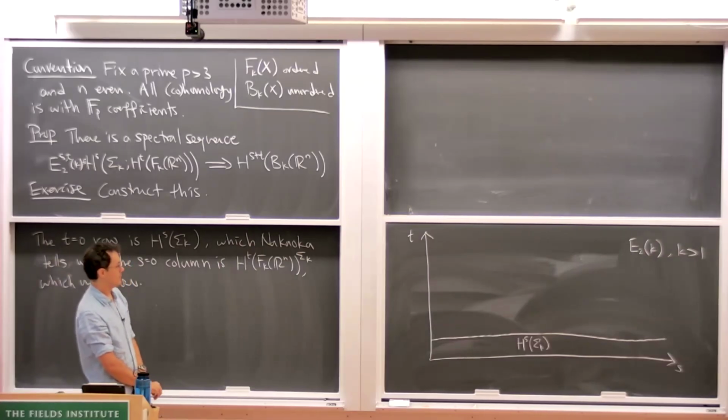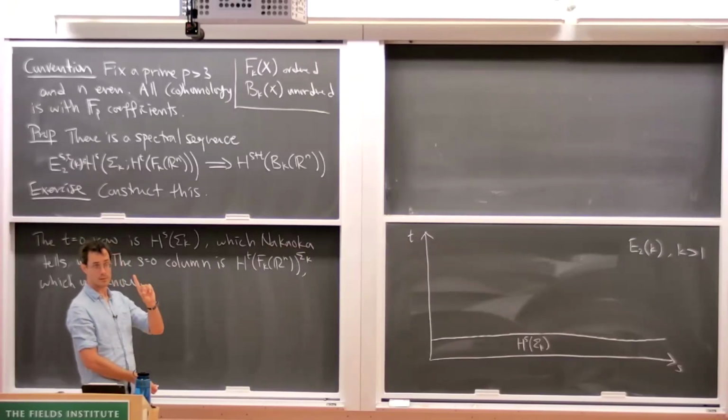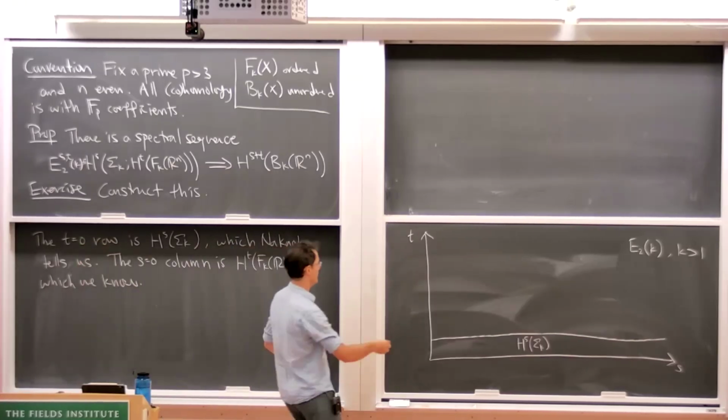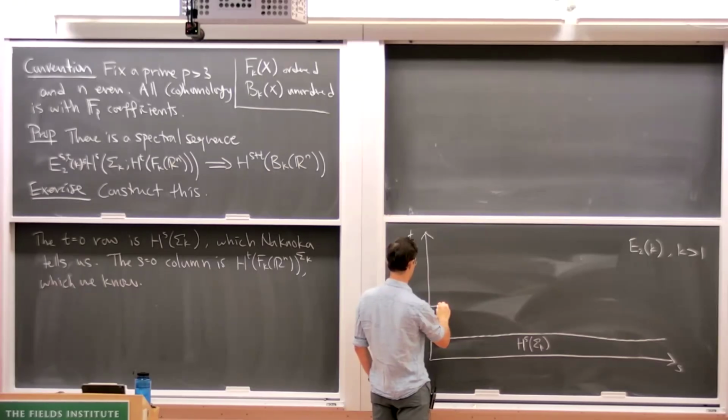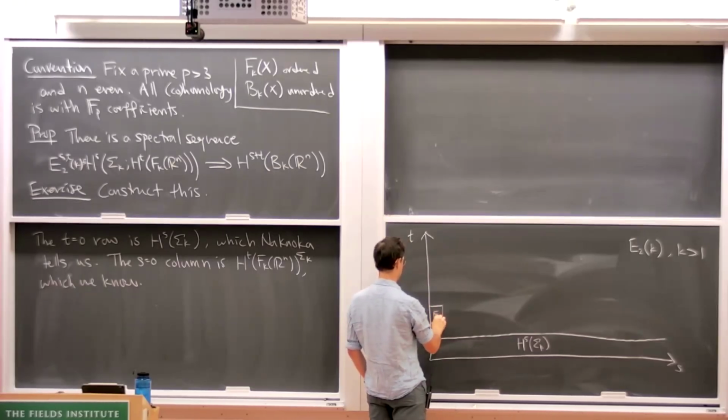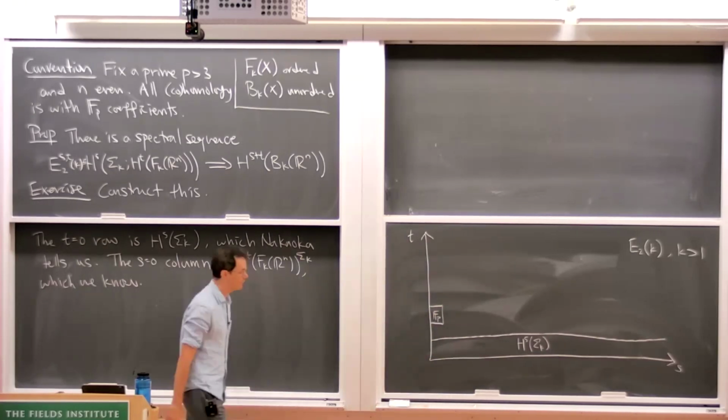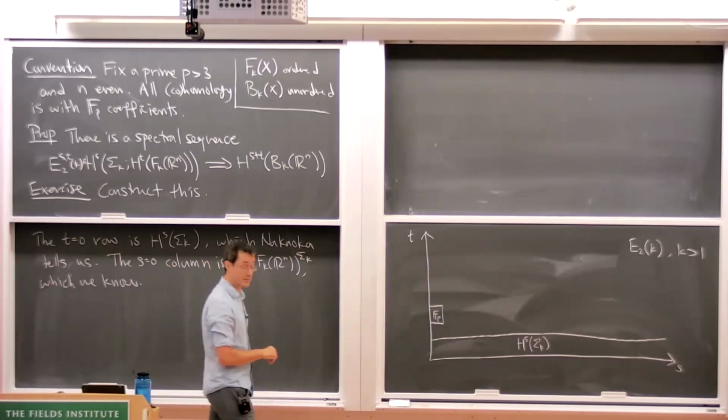What we learned last time, or what is implicit in our calculation yesterday, is that the invariants are very simple. There's just one invariant class. When n is even, there are none; if n is odd, it lives here. There's a copy of the ground field there in degree n minus 1.